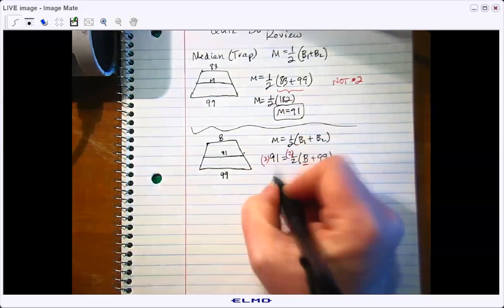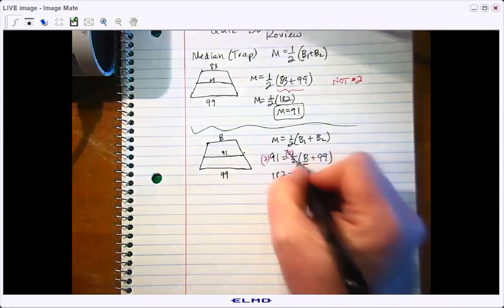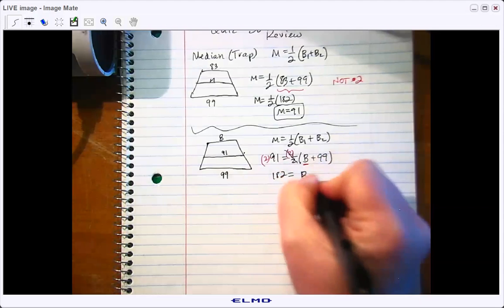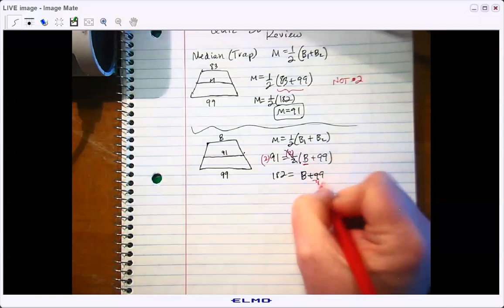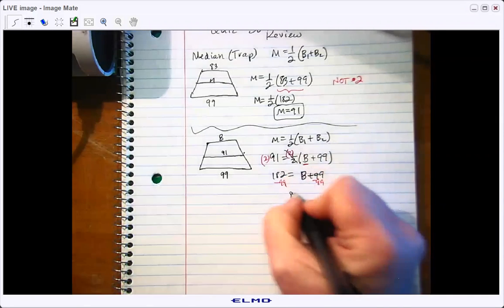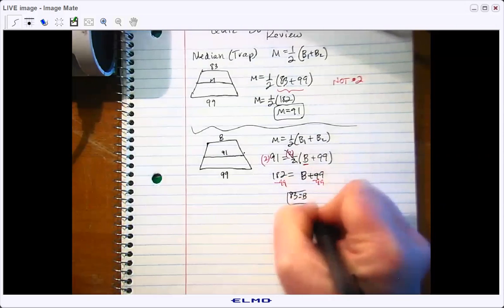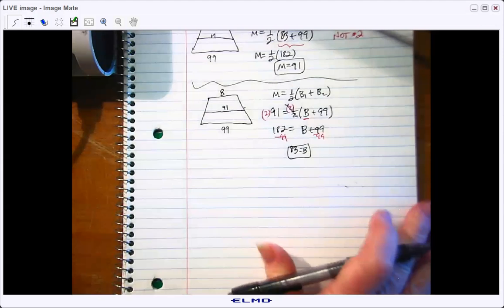So I get 182 is equal to, the 2's cancel, which is the magic we wanted, B plus 99. And then if I subtract 99 on both sides, we get the 83. So there's one of each of those on the quiz.